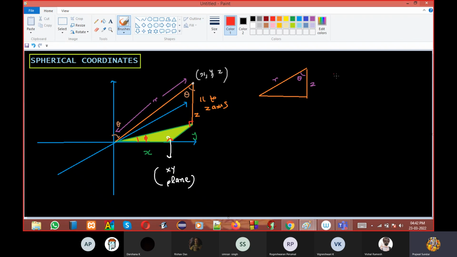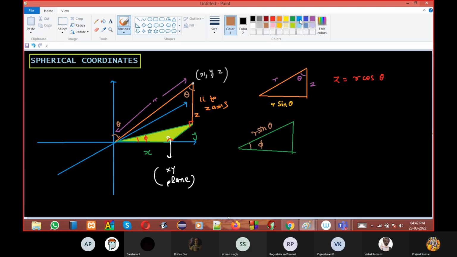Now tell me, what is Z? R cos theta, correct? What is this side? R sin theta, correct? Now you take this triangle. What is this side? R sin theta, correct? What is this?